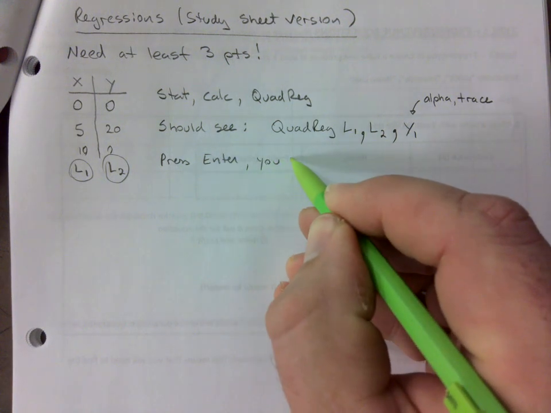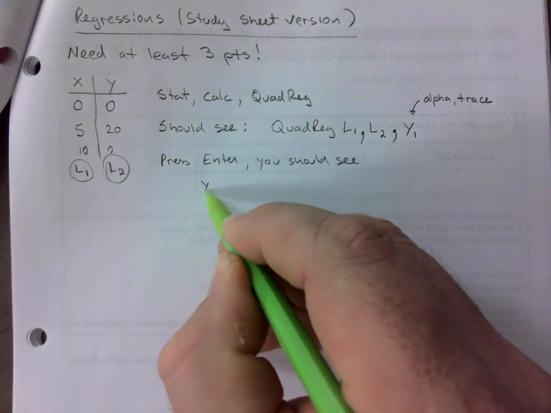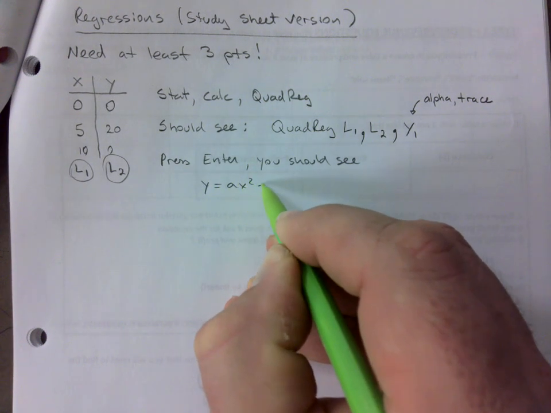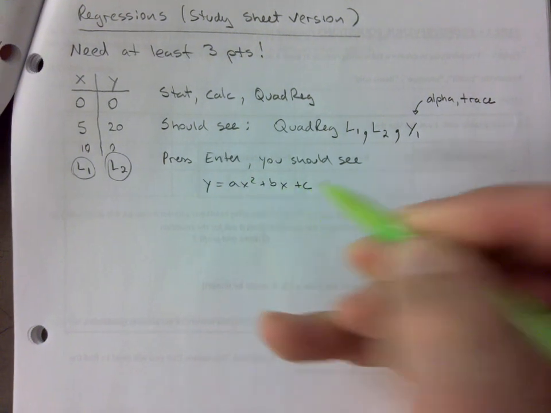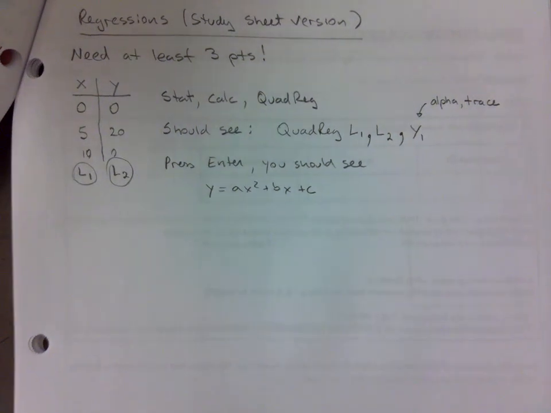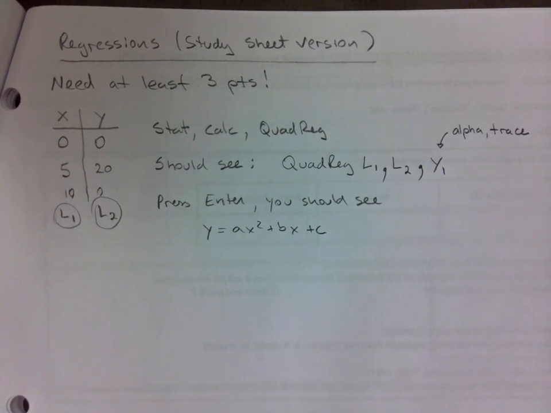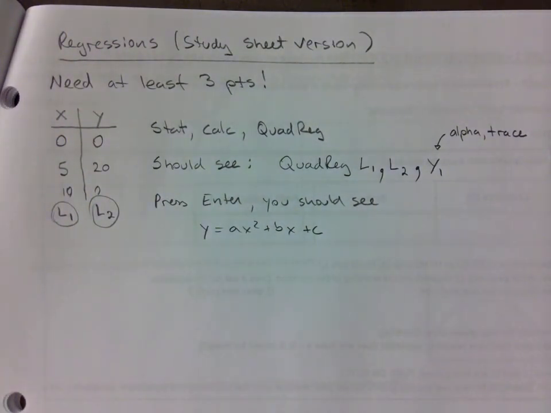You should see y equals ax squared plus bx plus c, and then it just continues. Let me zoom into that a little bit. I know some of you are squinting right now. You're like, it's too small. I'm almost done.